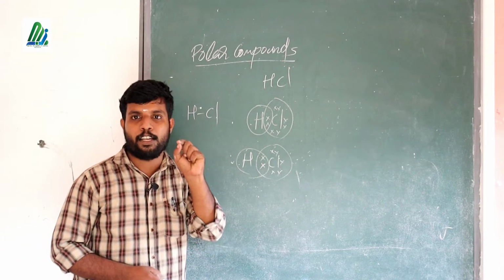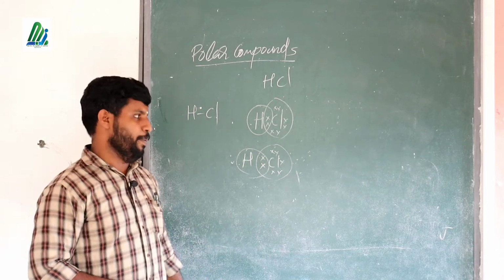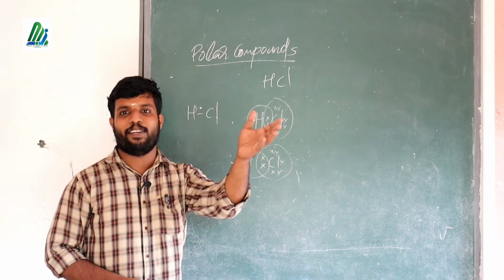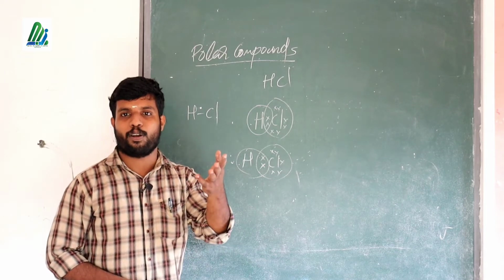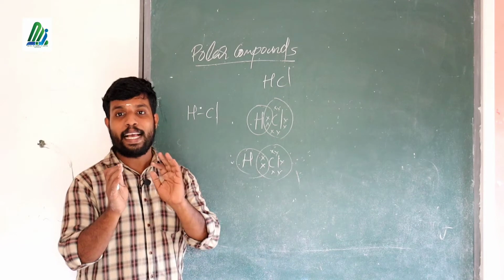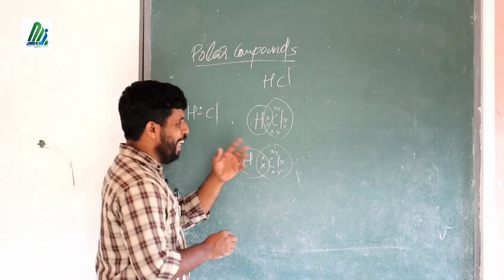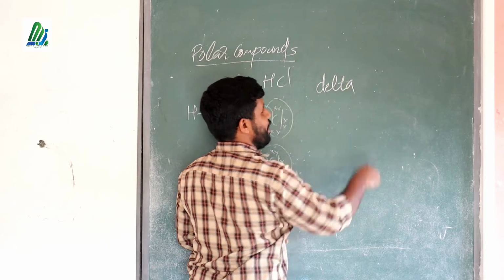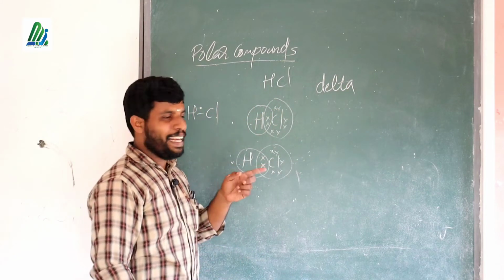That means the hydrogen lost the electron partially and chlorine gets the electron partially. That is important. If an atom loses the electron partially, it will get a partial charge. That partial charge is known as delta.